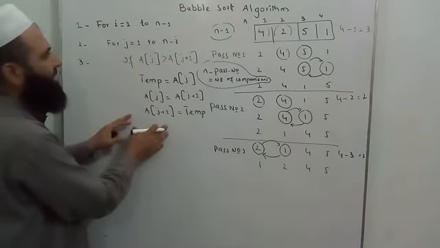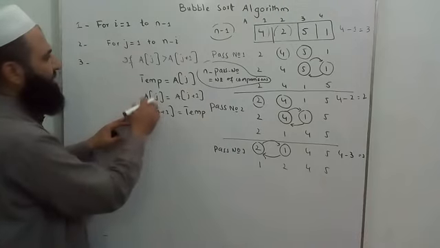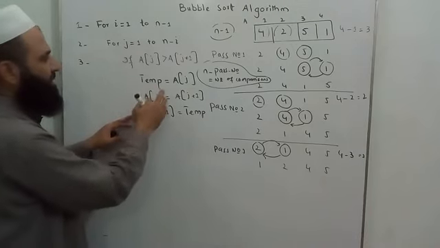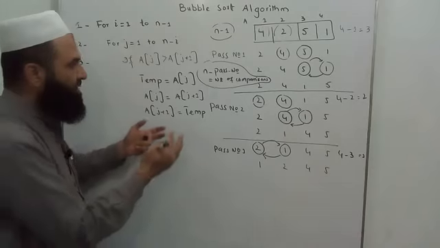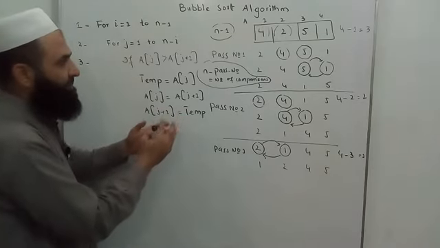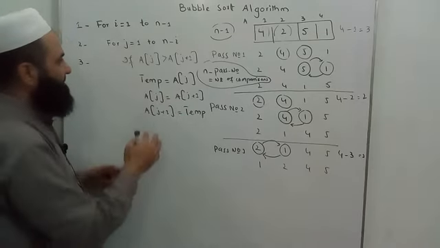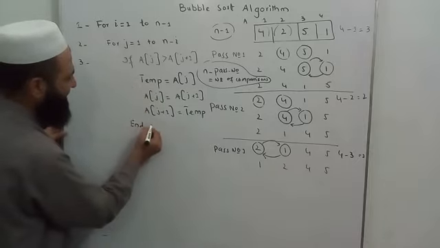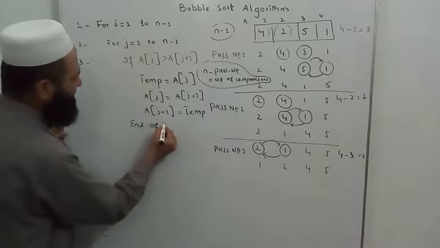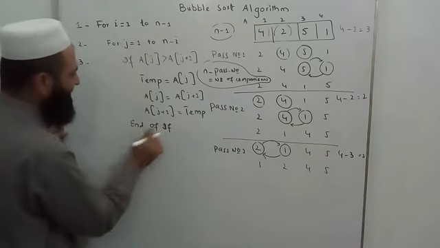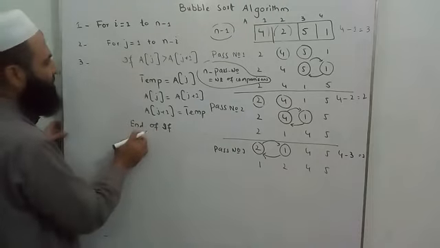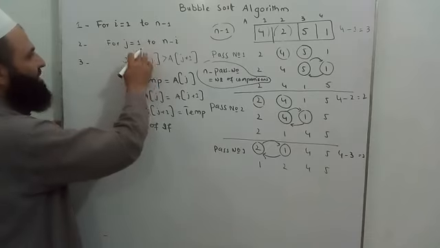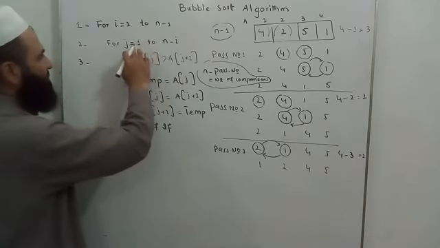So in this way it will swap the two numbers that are being compared in the first comparison. After the end of the if statement, it should go to the next comparison.